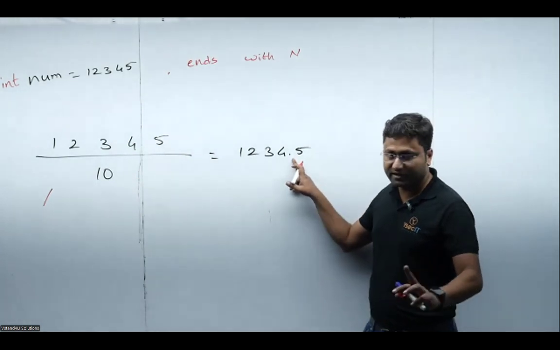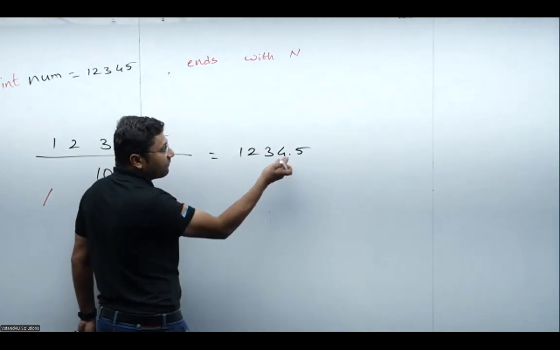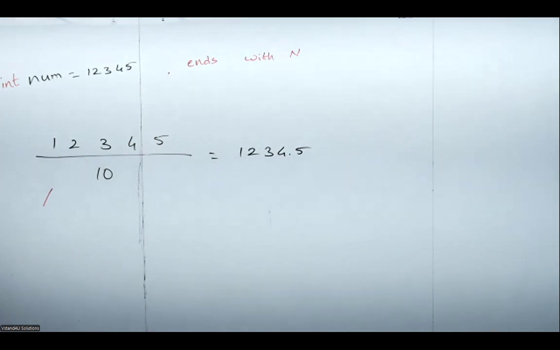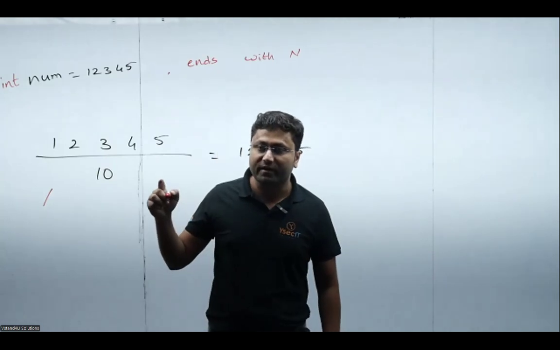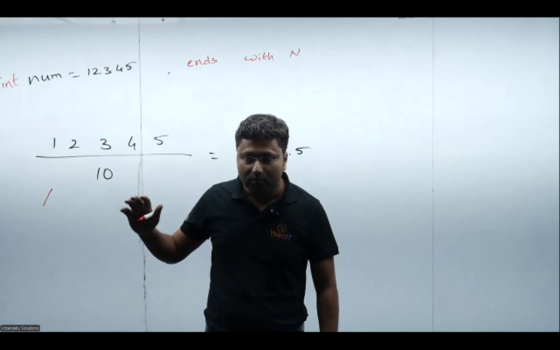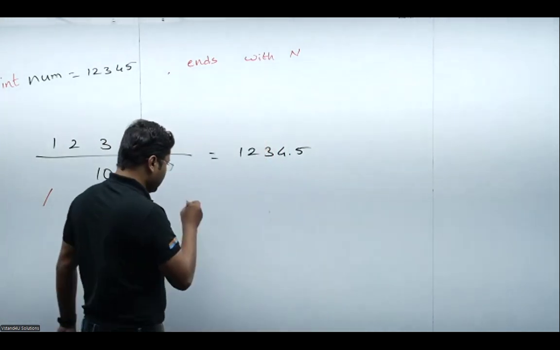What will happen? This 1234.5, where am I supposed to store it now? I hope you remember there is a formula of max of int, operand 1 data type and operand 2 data type, which I once explained here.